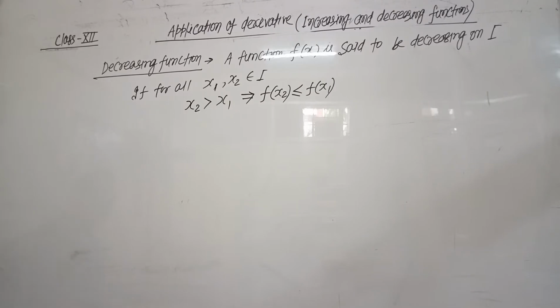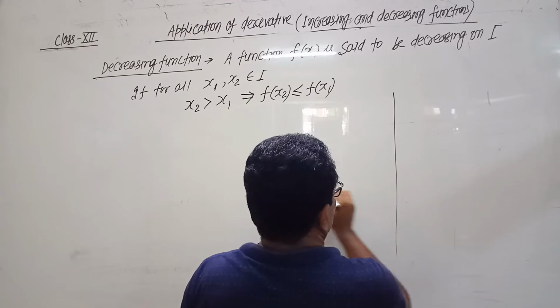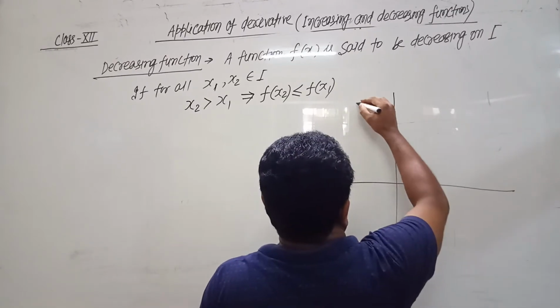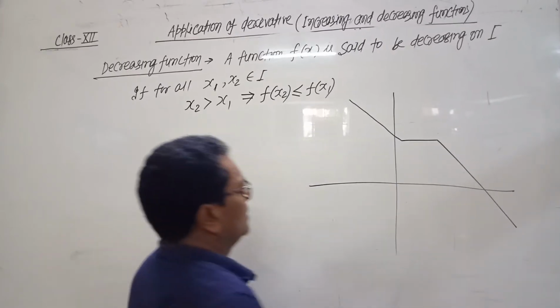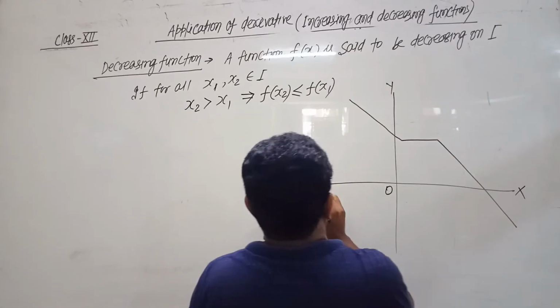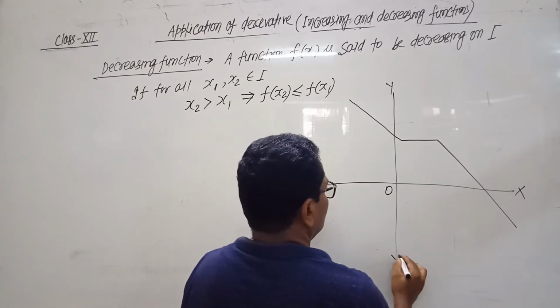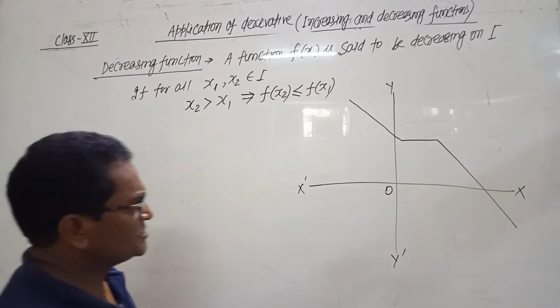For x2 greater than x1 implies f(x2) is less than f(x1), and the graph of a decreasing function is this. This is the graph of a decreasing function. Now try to understand how it is a decreasing function.